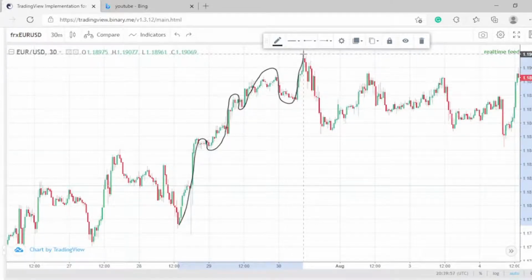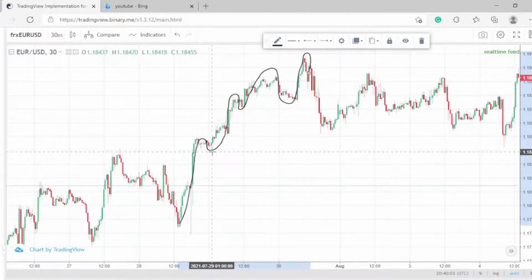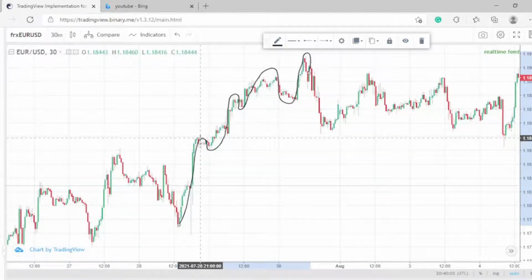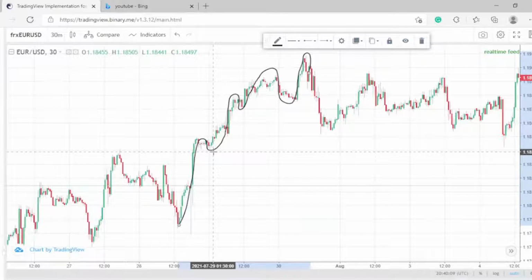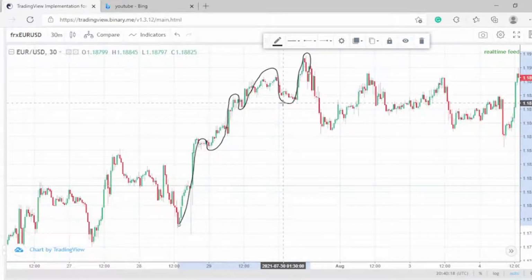Push to the upside again, creating a high point. So you can see that there is a high point, which is a high, and a low point, which is a low. Then you can see that there is a higher low point, which is a higher low, and a higher low point again, which is a higher low than the previous one.